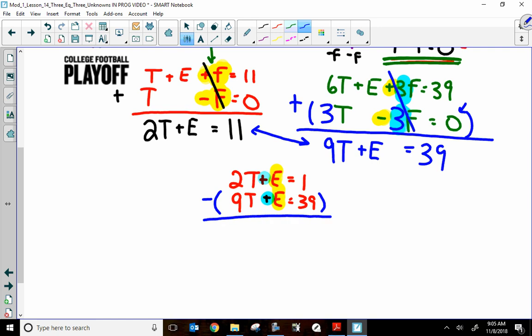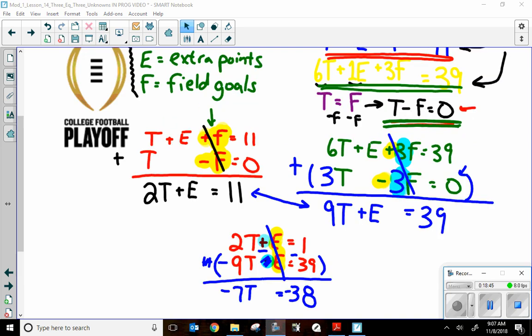And I'm going to distribute that negative sign all into the bottom. So it goes bye-bye here. This turns to a minus. And that also, the 39, turns to a minus. So I have 2T minus 9T should be negative 7T. My E's go bye-bye equals 11 minus 39, negative 38. Okay?